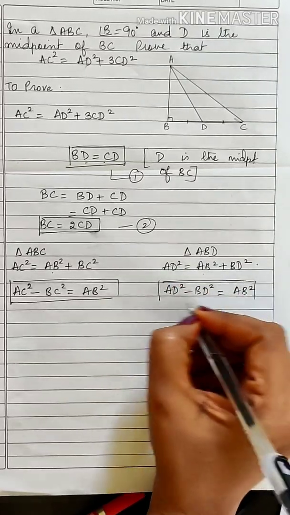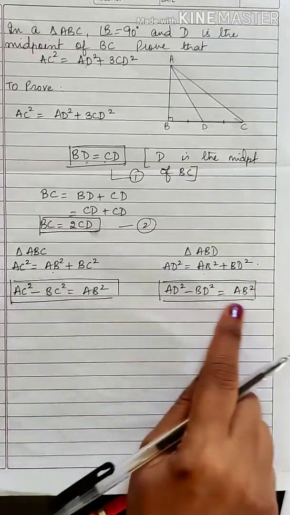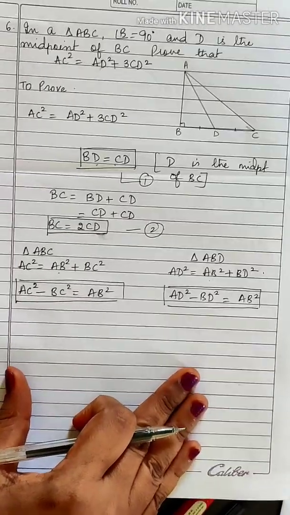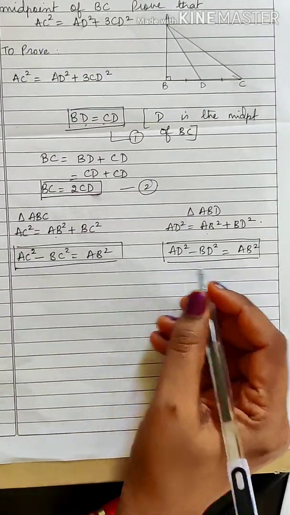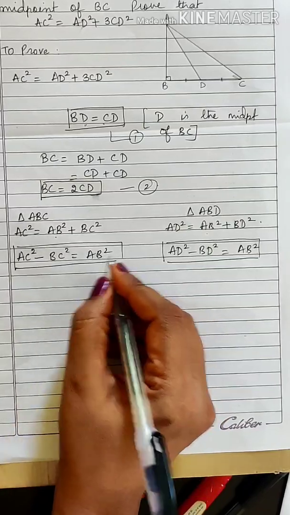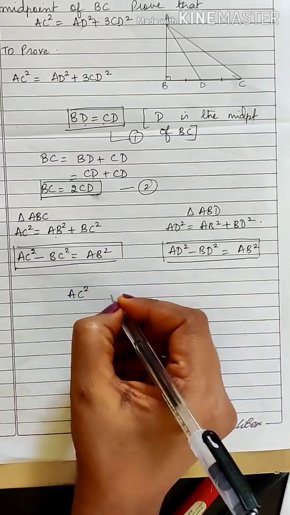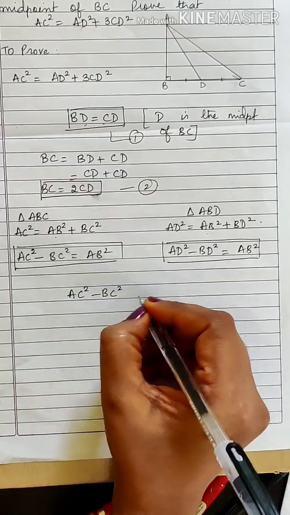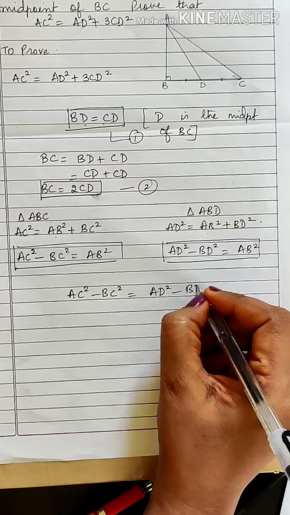Actually we are transposing BD square to the left hand side. Now both are equal to AB square. So when A is equal to B, B is equal to C, then A becomes equal to C. We will equate both the equations. So you get AC square minus BC square is equal to AD square minus BD square.